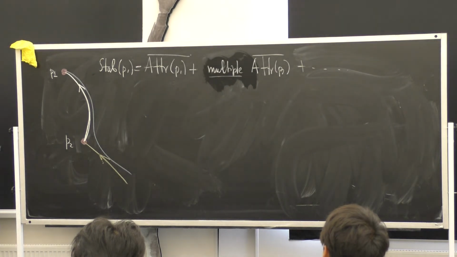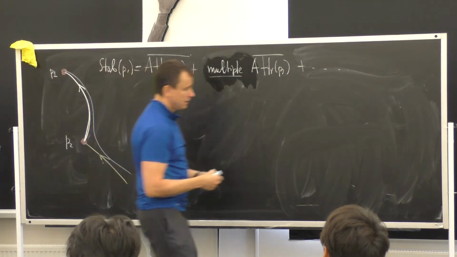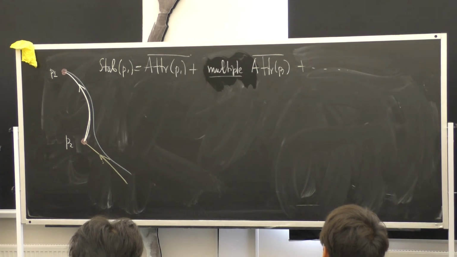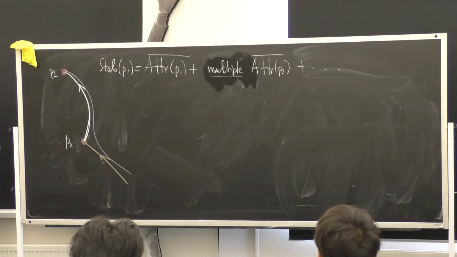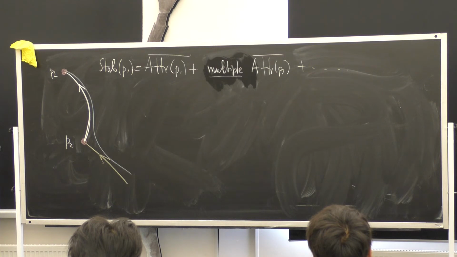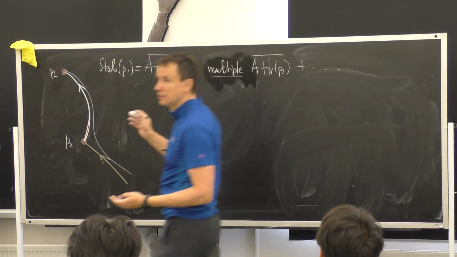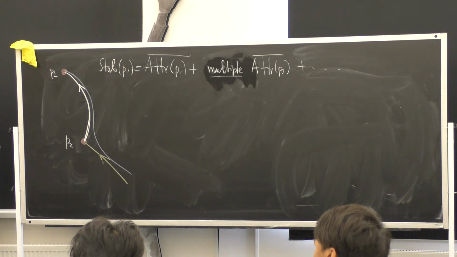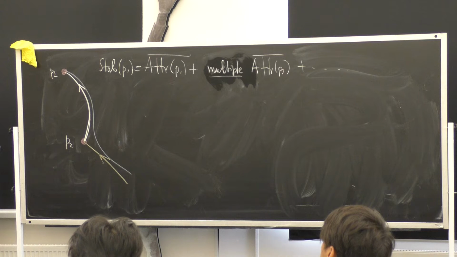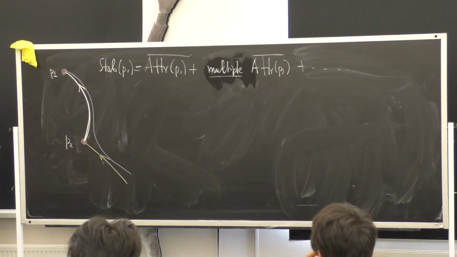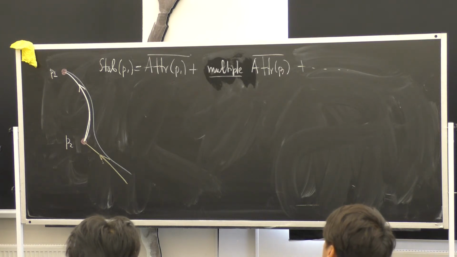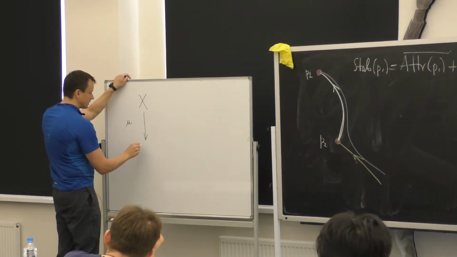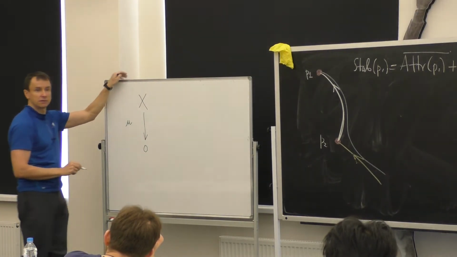Now, for geometries like T star P1, there's a cheap answer to that. We had this X, and the moment map, and X was exactly the fiber over 0.